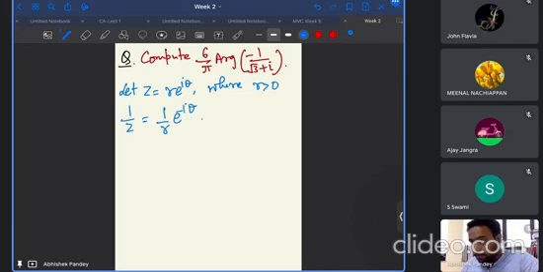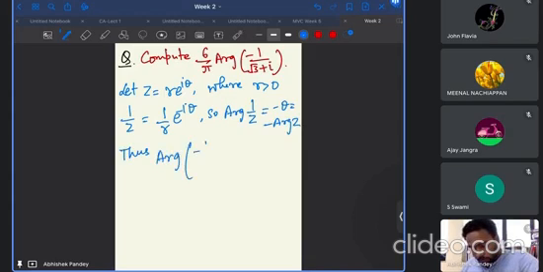So the argument of 1 by z equals minus theta, which equals minus the argument of z. Thus the argument of minus 1 by root 3 plus i is equal to minus the argument of minus root 3 minus i, which will be 5 pi by 6.